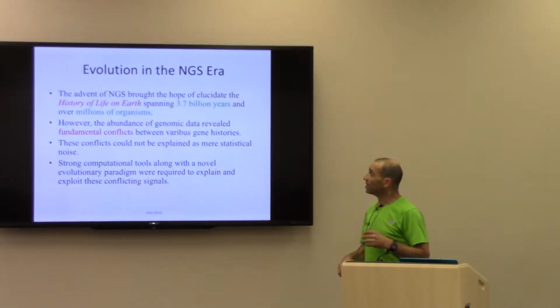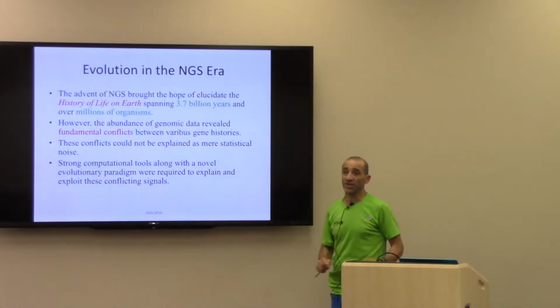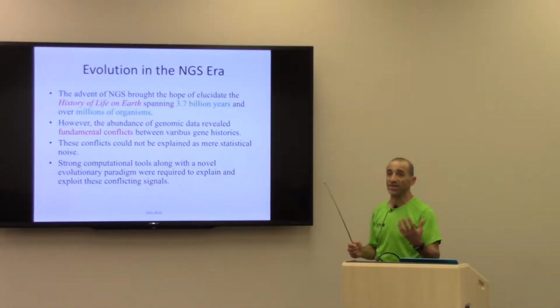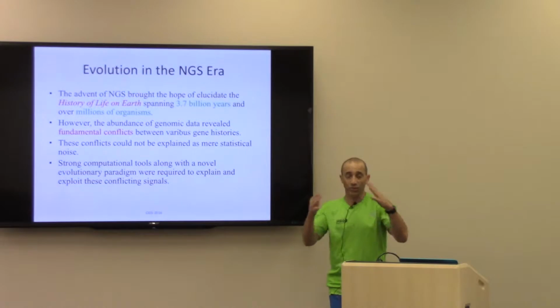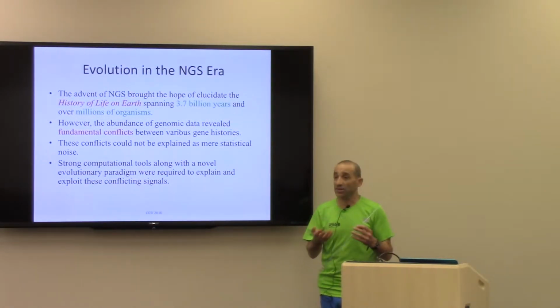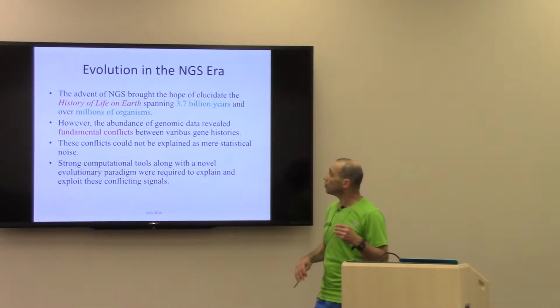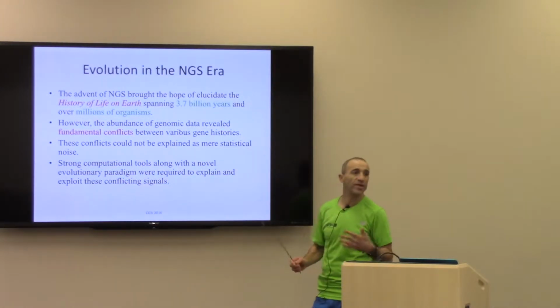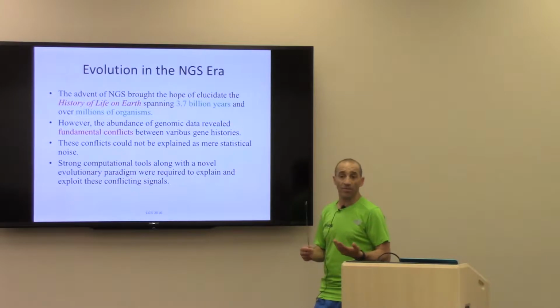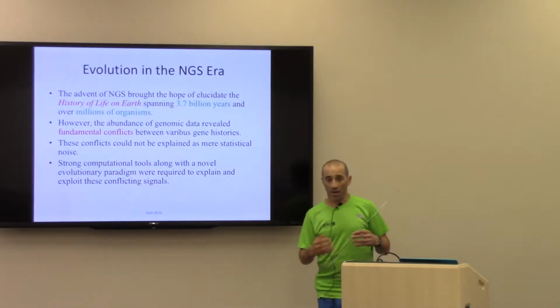However, the abundance of genomic data revealed fundamental conflicts between various gene histories, in the sense that we analyze orthologous genes, and different genes show different histories. These conflicts could not be explained as mere statistical noise, like we sometimes expect from different trees to be constructed.